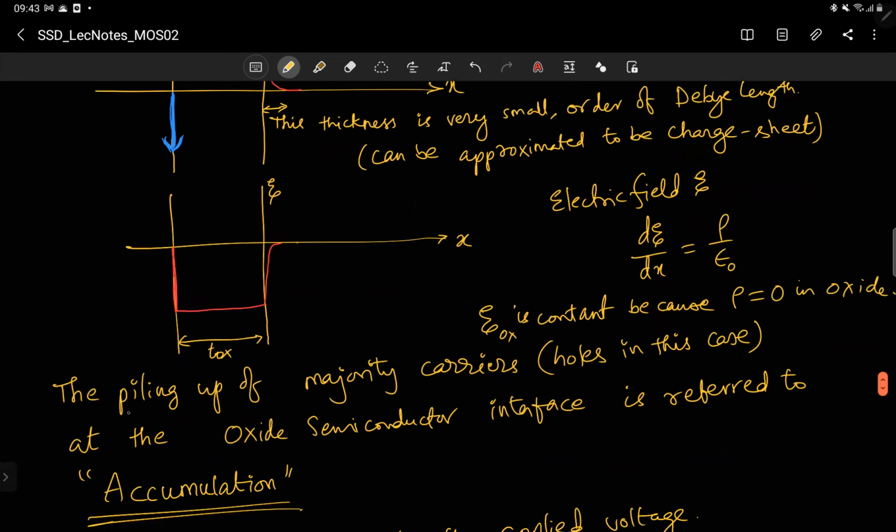Now, the piling up of majority carriers, holes in this case because it is a p-type semiconductor, at the oxide-semiconductor interface is referred to as accumulation. Why is it accumulation? Accumulation means you have something and you keep adding to it, like accumulating money.